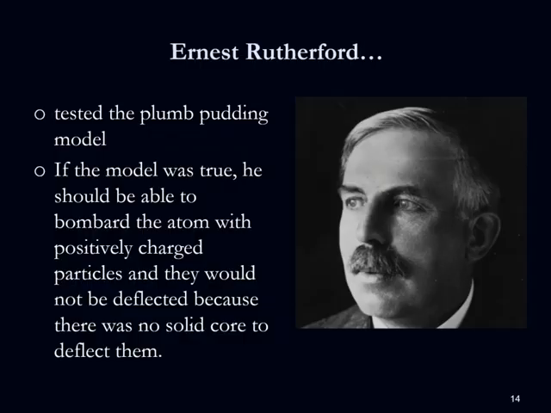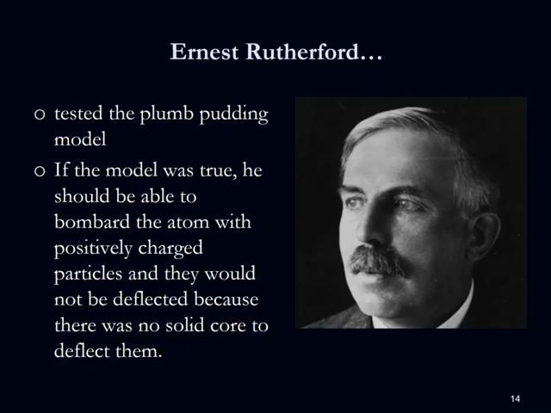Ernest Rutherford wanted to test the plum pudding model, and he believed that if the plum pudding model was true, then he ought to be able to bombard an atom. He's going to bombard a gold atom with positively charged particles. These are actually what we call alpha particles, and they are nothing more than 2 protons and 2 neutrons together, and that is the equivalent of a helium nucleus, by the way.